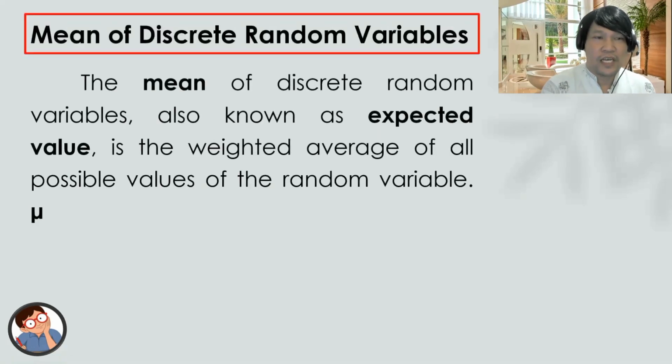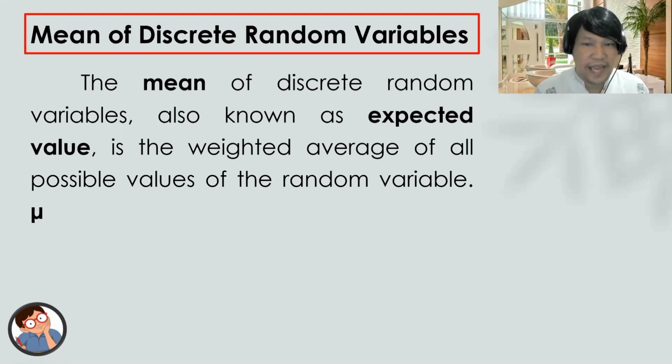Now, what is the mean of discrete random variables, or the mean of a discrete probability distribution? The mean of discrete random variables, also known as expected value, is the same concept. If you are asked to get the mean or expected value, it is the same thing.